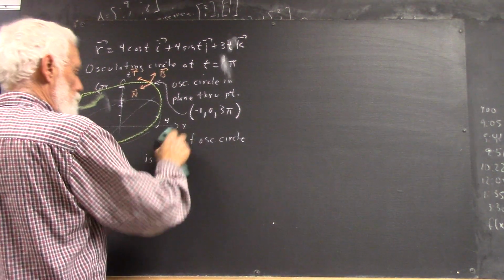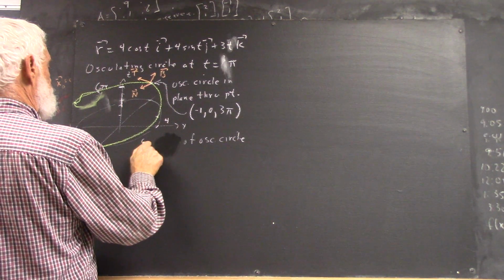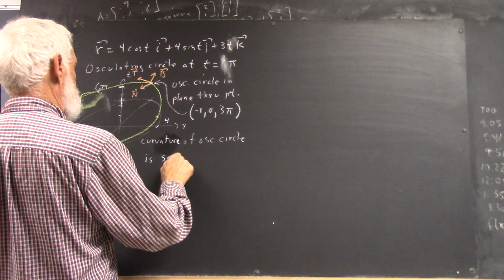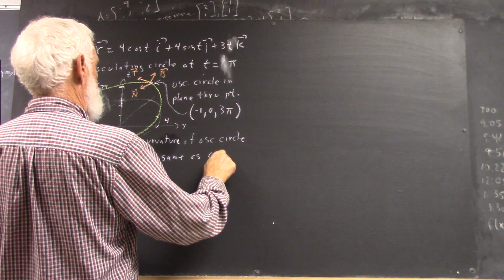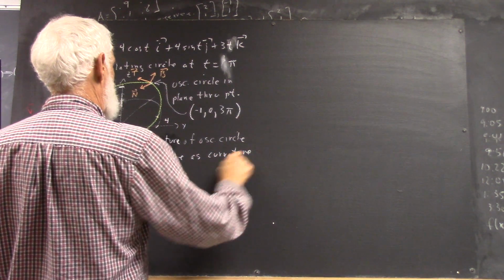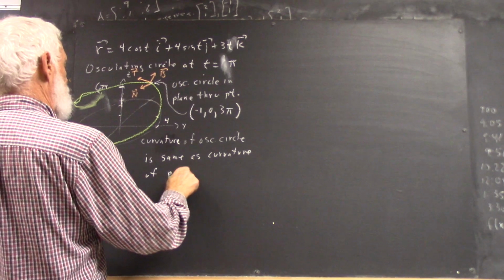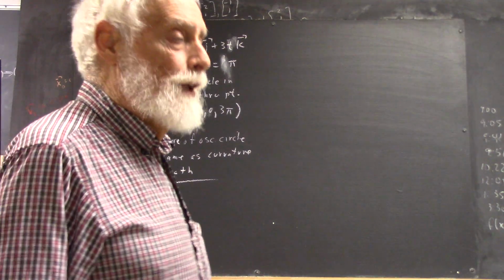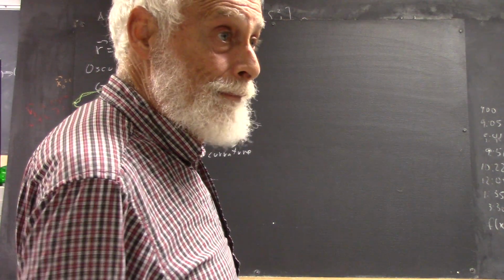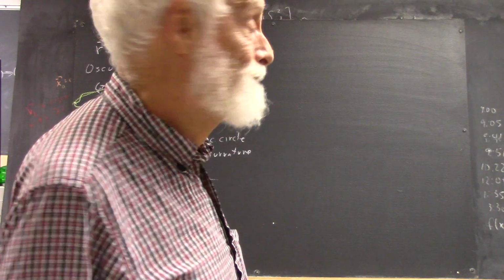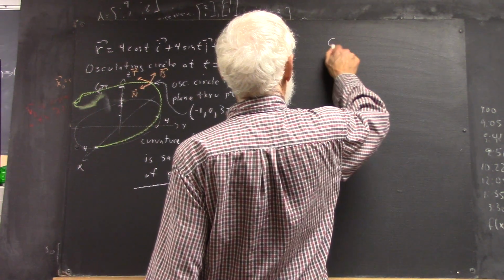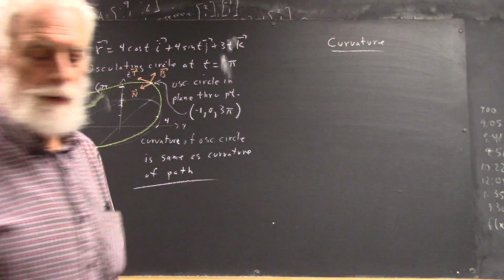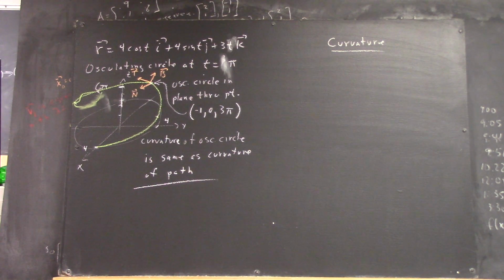I'm just going to say the curvature of the osculating circle is the same as the curvature of our path. Okay? Now we need to digress a little bit and define curvature. Okay, well, we want to build that up intuitively and then make it rigorous, okay?